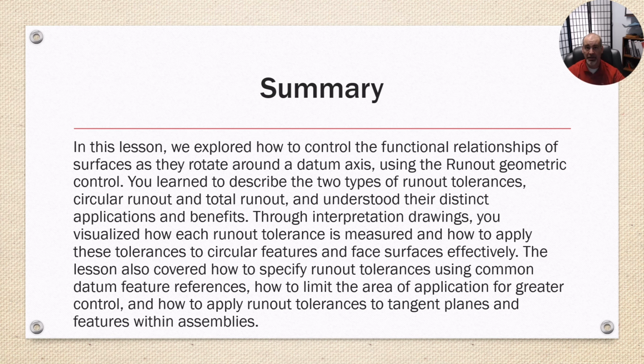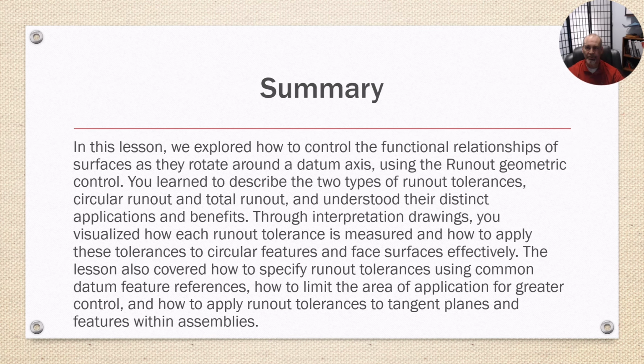Through the interpretation drawings, you visualized how each runout tolerance is measured and how to apply these tolerances to circular features and face surfaces effectively. The lesson also covered how to specify runout tolerance using common datum feature references, how to limit the area of application for greater control, and how to apply runout tolerances to tangent planes and features within assemblies.